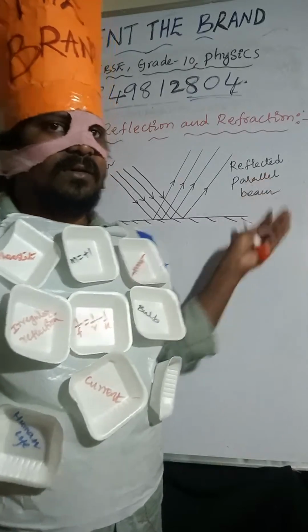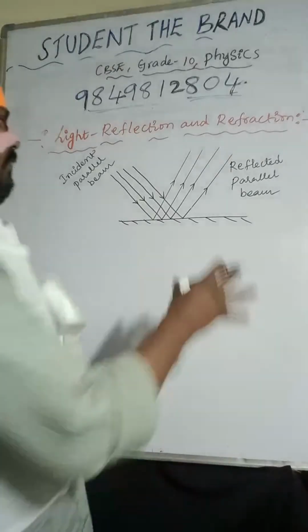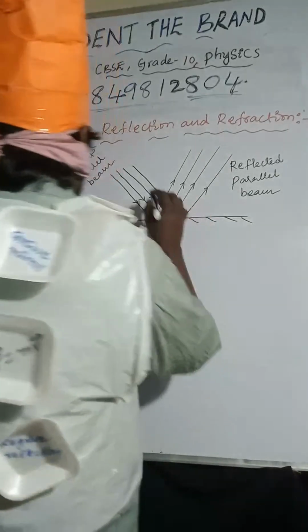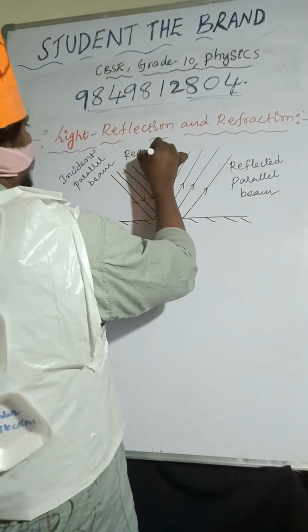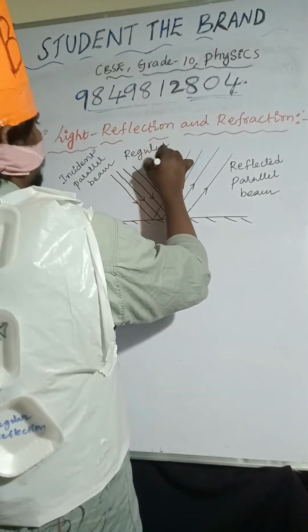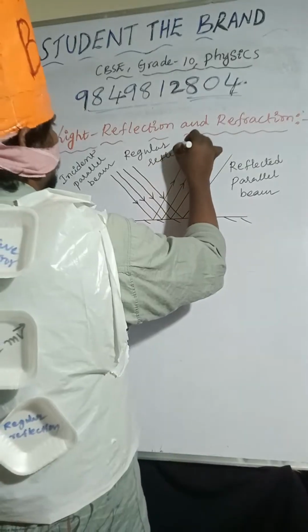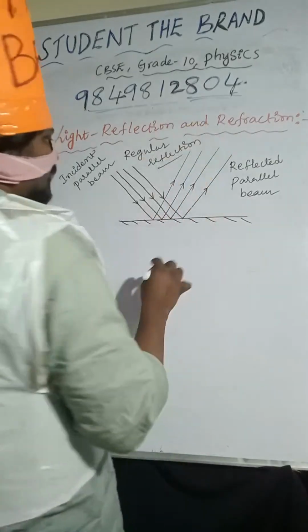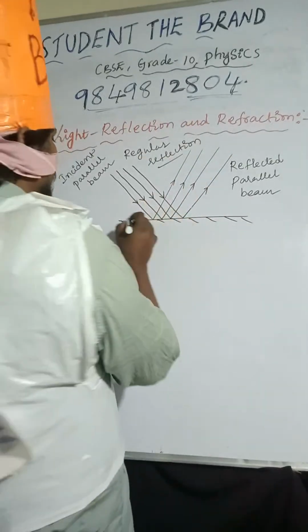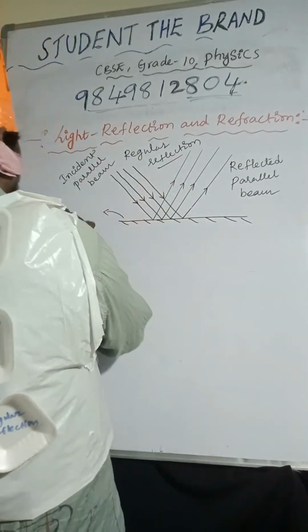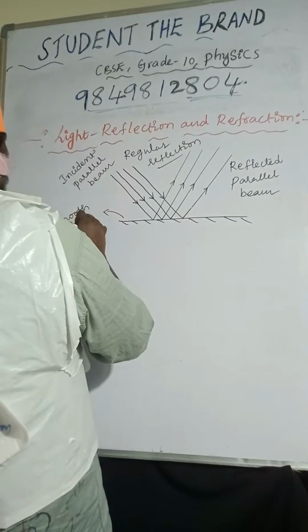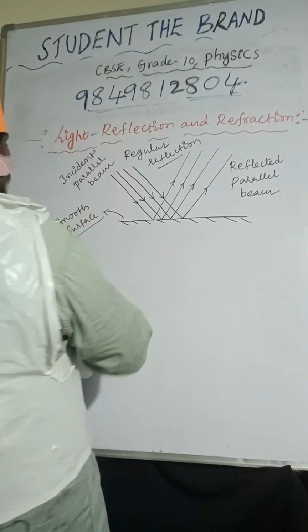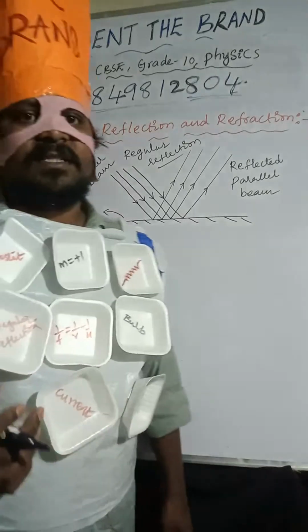This is regular reflection. Regular reflection takes place on a smooth surface.